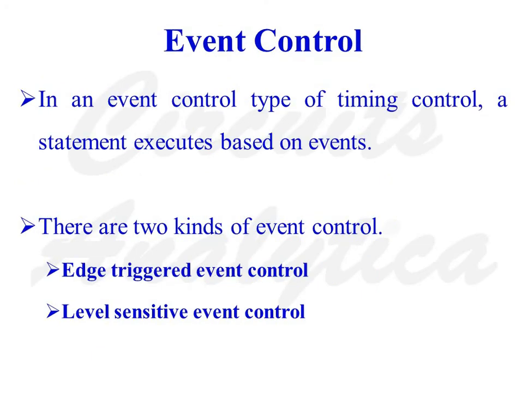Event control. In an event control type of timing control, a statement executes based on some events. Basically, there are two types of event controls: edge-triggered event control methodology and level-sensitive event control methodology.